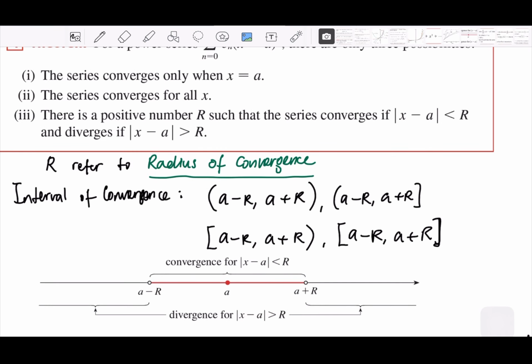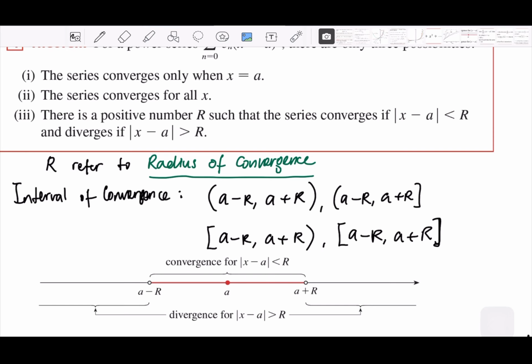So imagine that a is in the center, that's what we call the power series centered at a. Now the radius or the ratio that we found is really the radius in terms of this distance. And the convergence is going to be in between this.